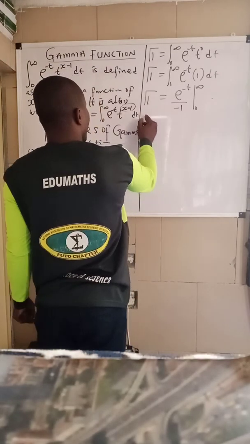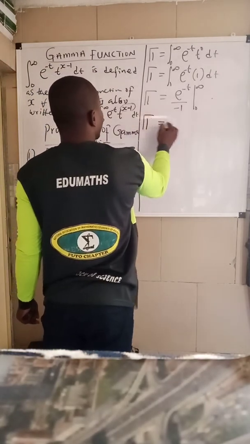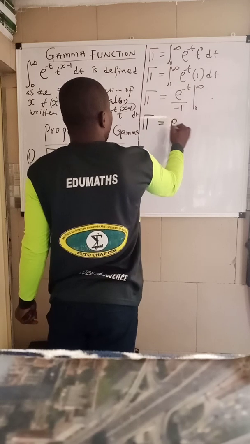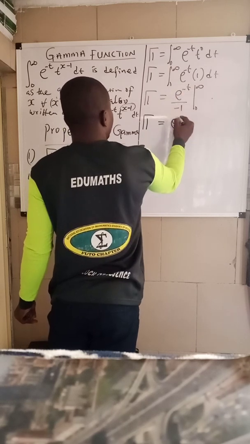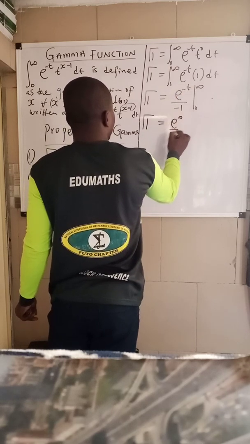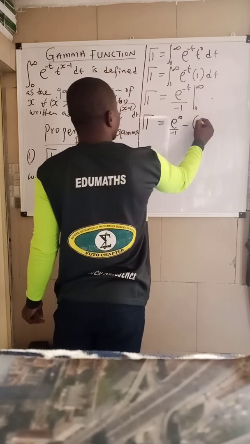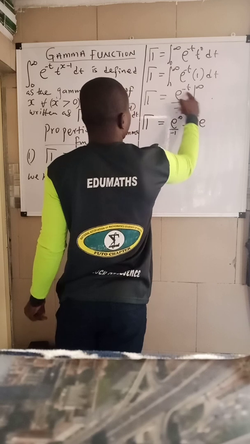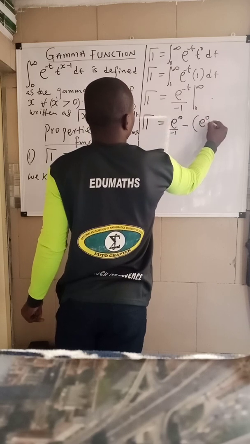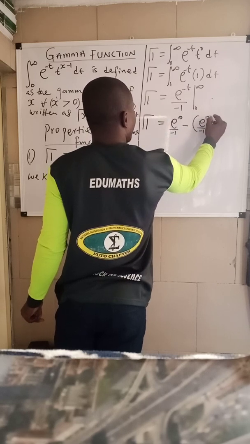Now from here, we have that gamma 1 is equal to, substituting the upper limit, e to the minus infinity over minus 1, minus, in the bracket, substituting the lower limit, e to the minus 0 over minus 1.